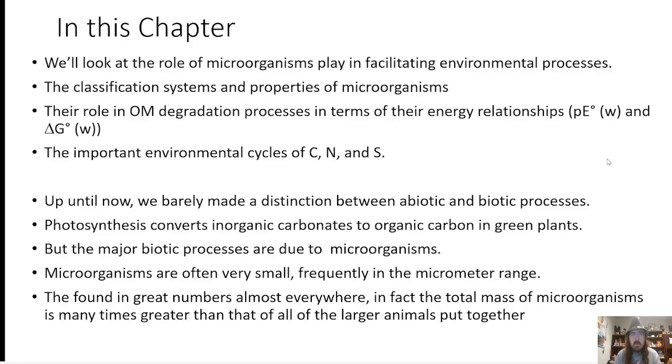But in this chapter, the basic idea, we're looking at how microorganisms play a role and fit into all the stuff we're learning about, like organic matter and colloids. We're going to look into classification and properties of microorganisms.